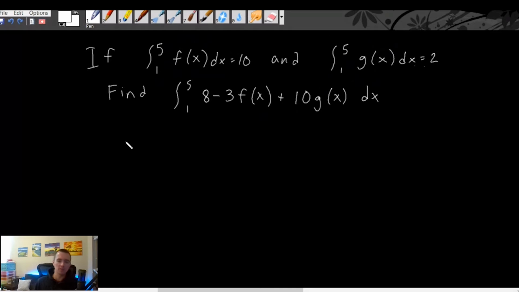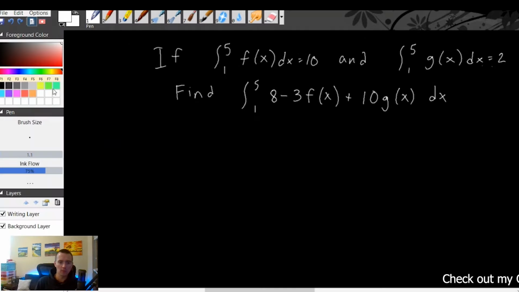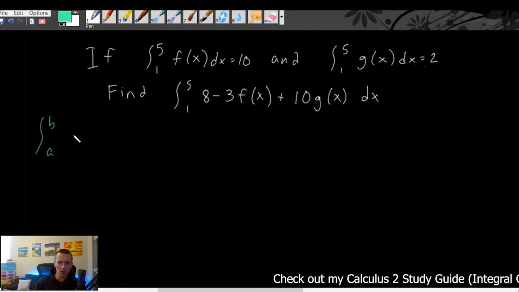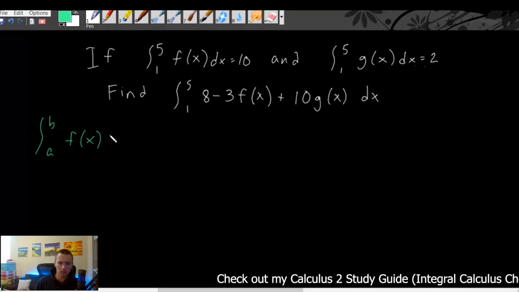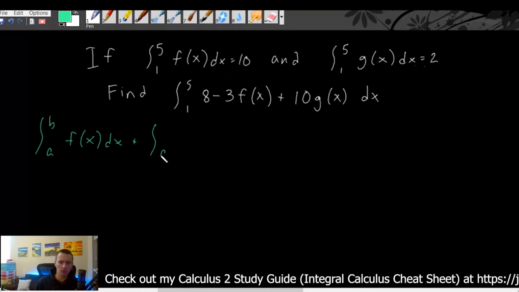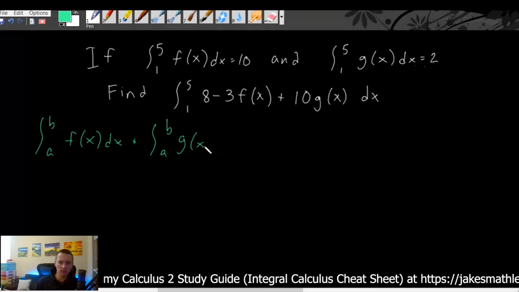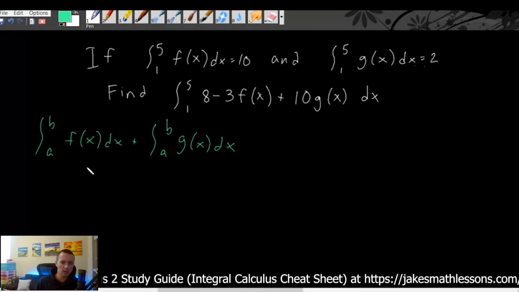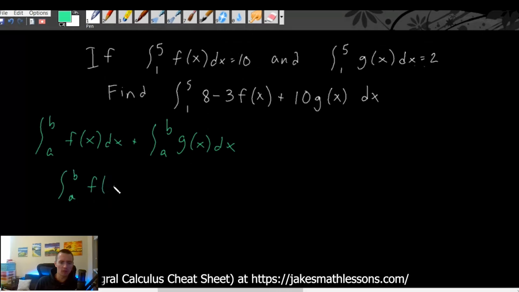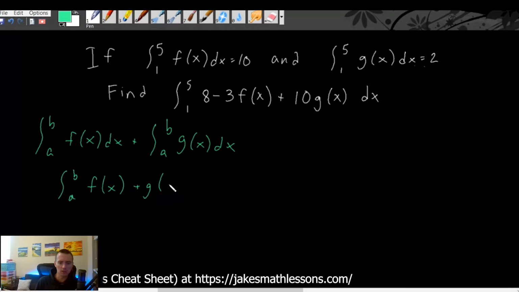The first step in doing that is probably going to be to apply the integral property that says if we have the integral from a to b of f of x dx, and we are adding that to the integral from a to b of g of x dx, we can combine these into a single integral, which is the integral from a to b of f of x plus g of x.